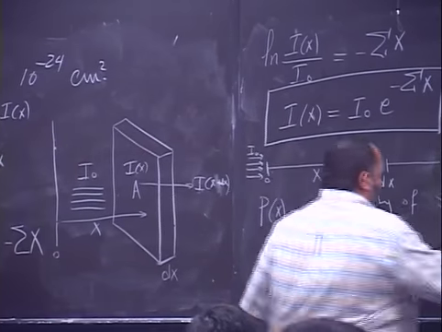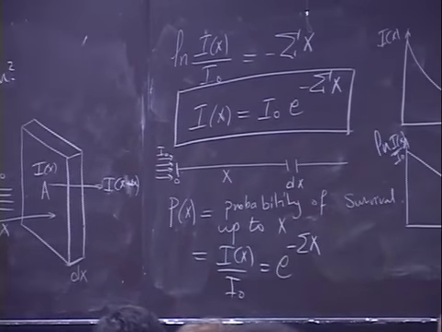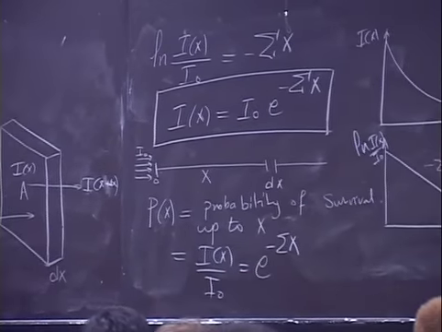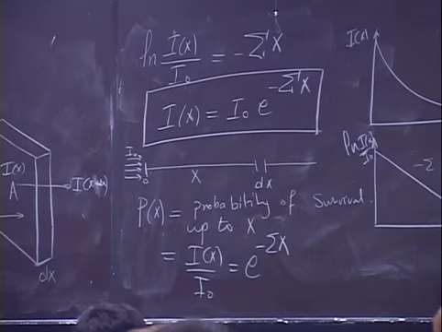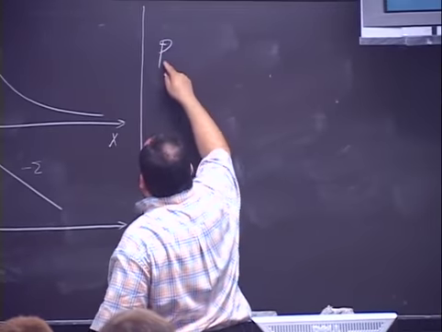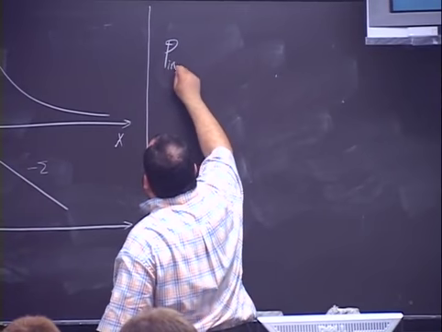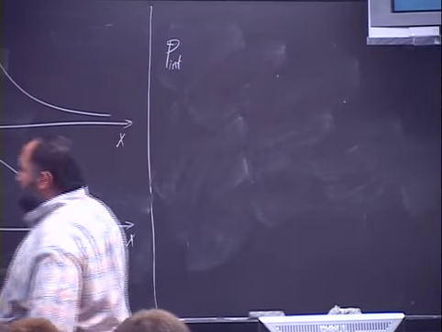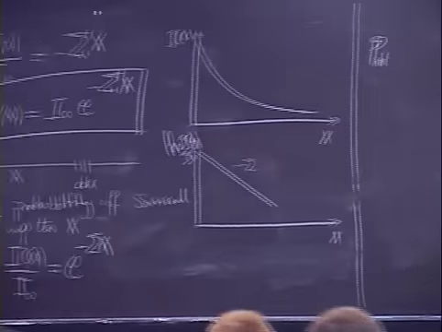Okay, let's move on to the next step, which gets the total number or the probability of interaction now. Let's assume that this is called P interaction, and this is P survival.